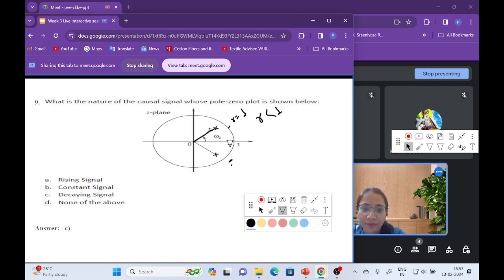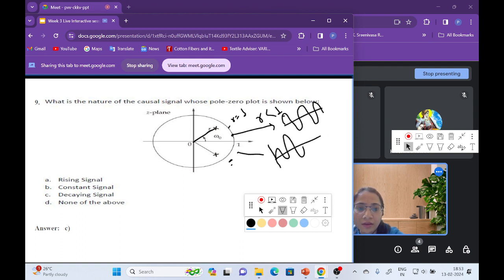So if the poles are inside the unit circle, then what is the nature of the signal? Have you seen that if it is at the unit circle, it is oscillatory in nature, and if it is outside the unit circle, then the signal is increasing, a rising signal.